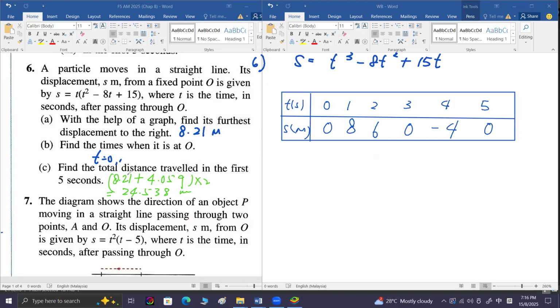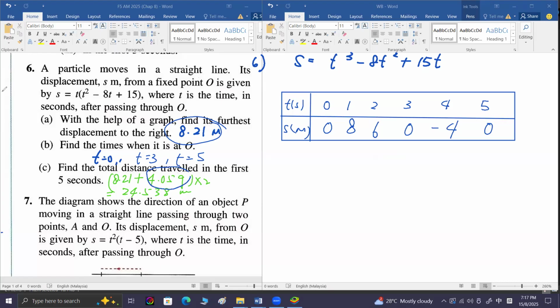Okay, class, there: t is 0, it's 0. t is 3, it's 0. t is 5, it's 0. But you notice or not, from this table I can't see the maximum value, and I also can't see the 4.059. That's why sometimes not only do you make this table, you have to do the number line also to get the ds/dt, to see the turning point.